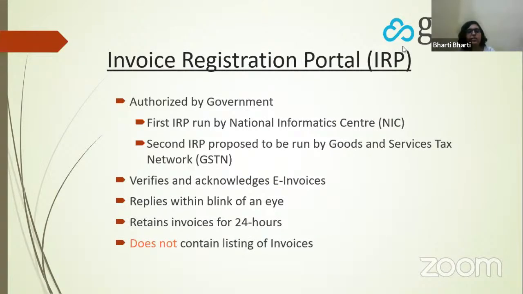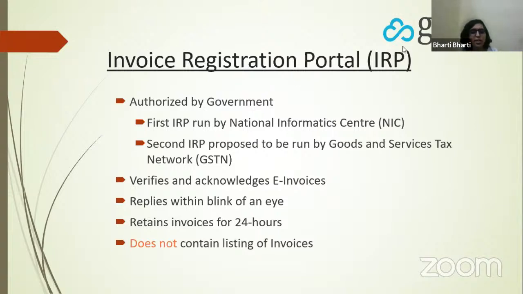The first IRP is run by NIC. The second IRP is proposed to be run by GSTN. It has not been done yet. It verifies and acknowledges e-invoices, replies within the blink of an eye, and retains invoices for 24 hours. So if you generate an e-invoice today, after 2 days, you won't be able to retrieve that information, because beyond 24 hours, it will not keep your information.